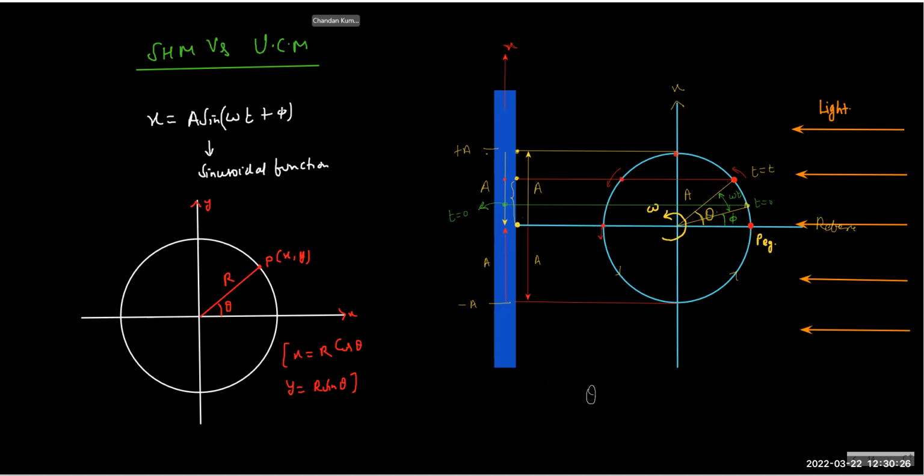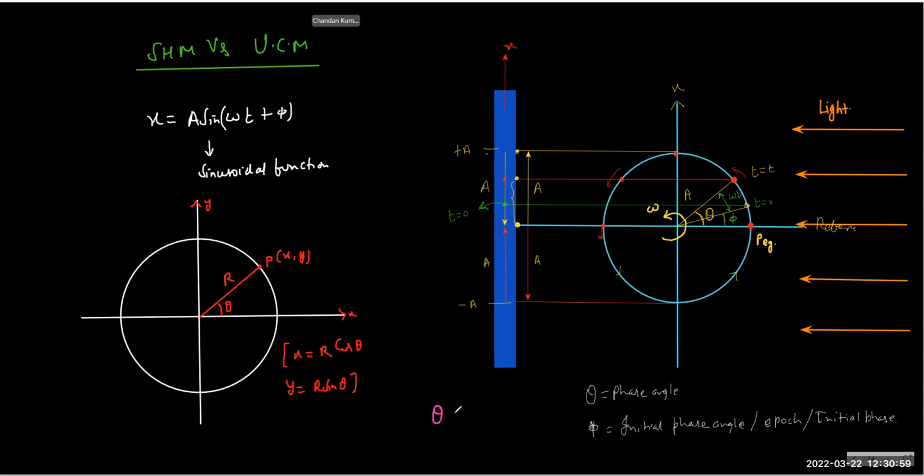So theta is called phase angle, but phi is called initial phase angle. And initial phase angle is sometimes called just initial phase. So there is a relationship between theta and phi.